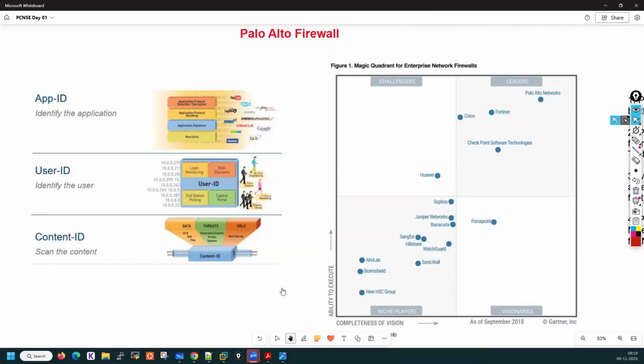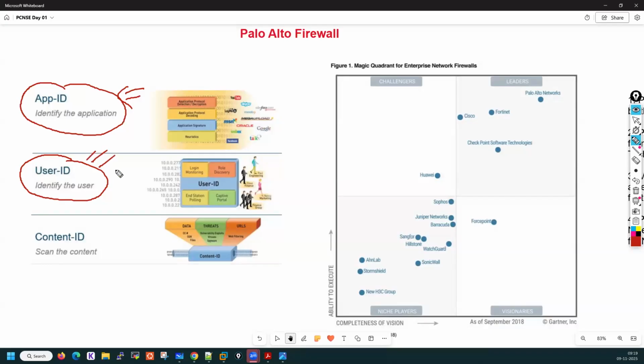Why did this device become the market leader? Because Palo Alto was the first firewall that came with features like app identification. It means now you can write rules on the basis of applications on the Palo Alto firewall. Palo Alto introduced features like user ID. You don't only rely on the source and destination IPs.